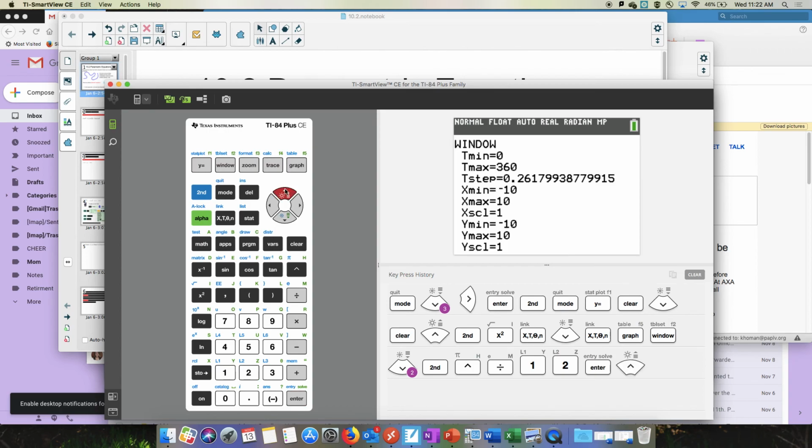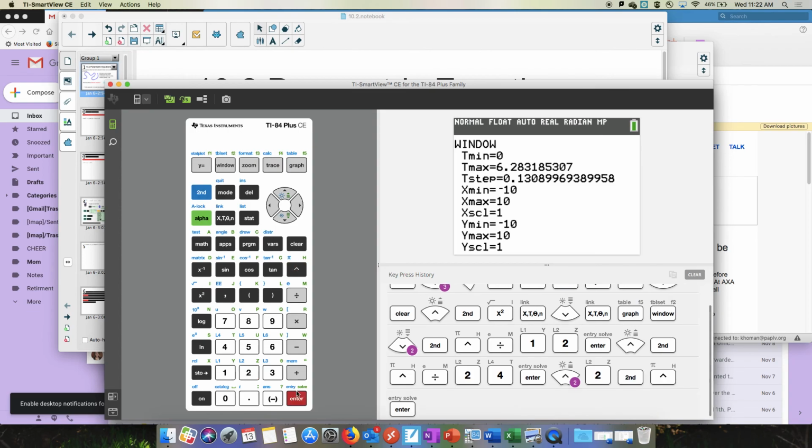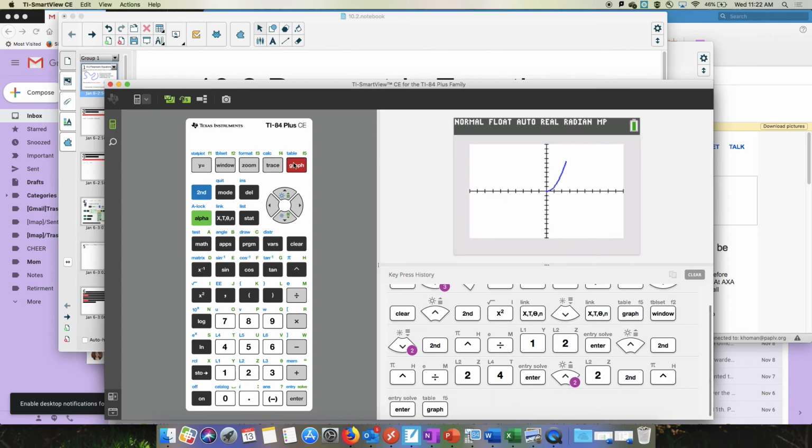Mine is pi divided by 24. Now when I graph it, do you see how it graphs based on the orientation? Why does it stop right there? Because I restricted it from 0 to 2 pi.